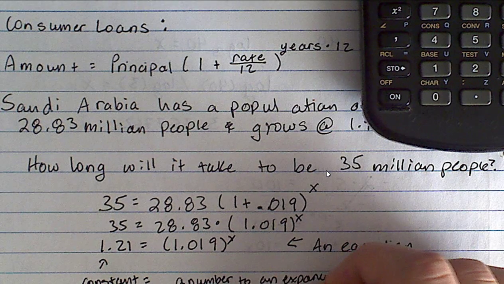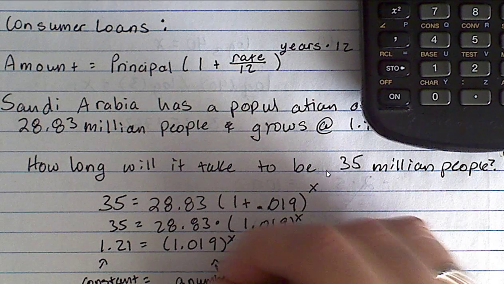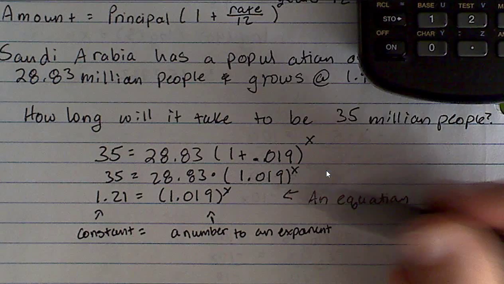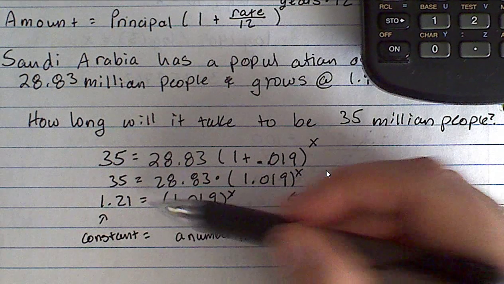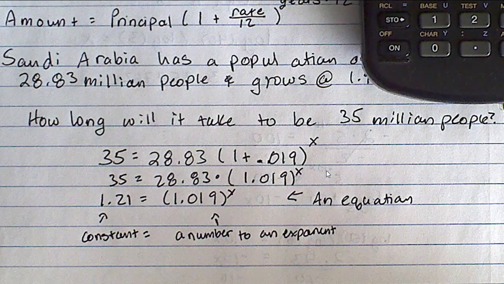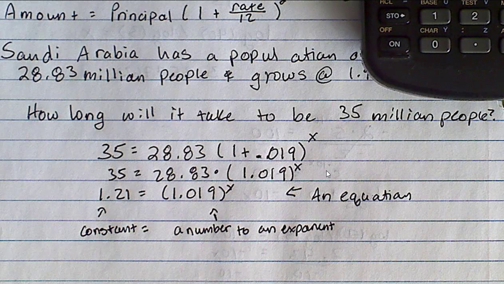Part of your assignment will have you doing that, having you take it from the equation that you have in your notes and having you break it down to a constant equal to a number to an exponent. So that's a big part of your assignment, is having you get this far.